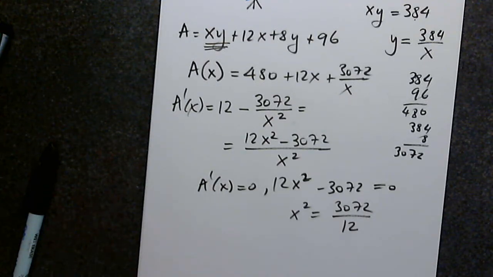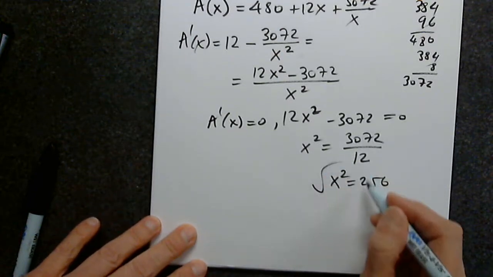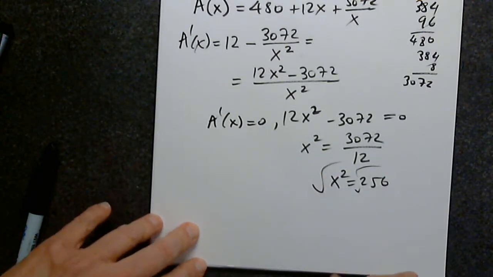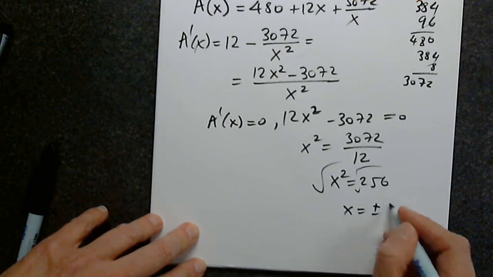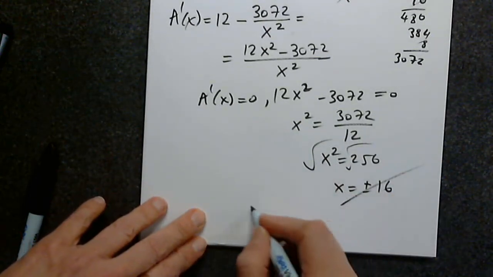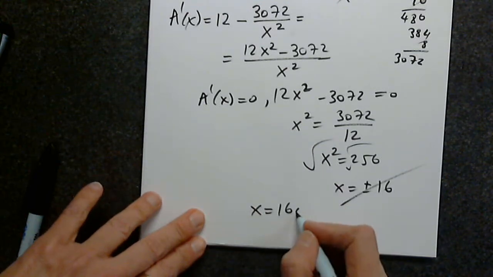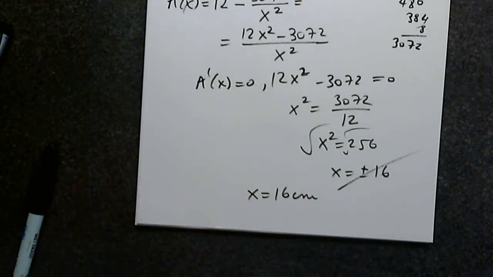Do we have a number? 3072 divided by 12. I got 256. That's really nice. And the square root of 256 is plus or minus 16. So x equals 16, and everything was given in centimeters, aka inches. No, I'm kidding.